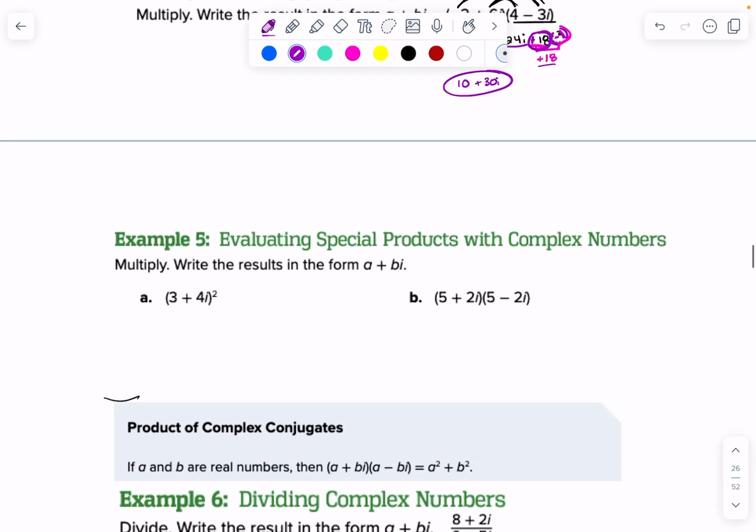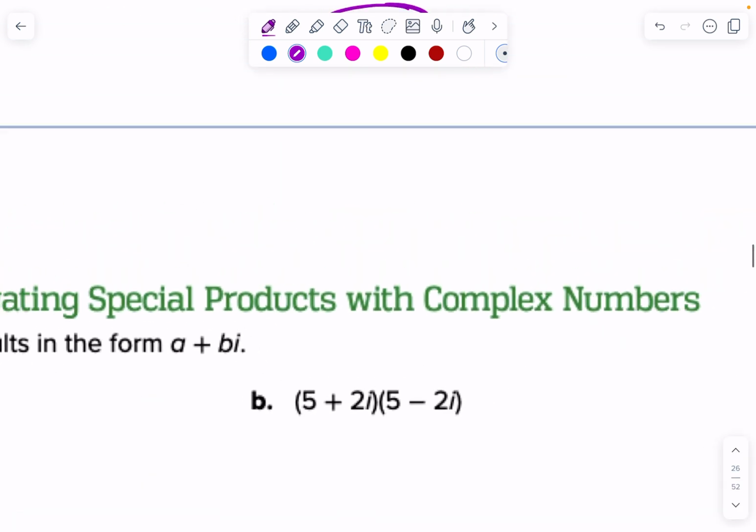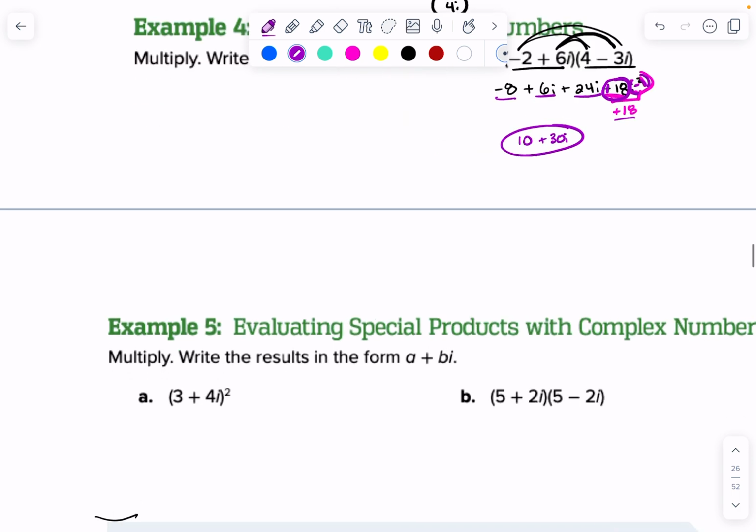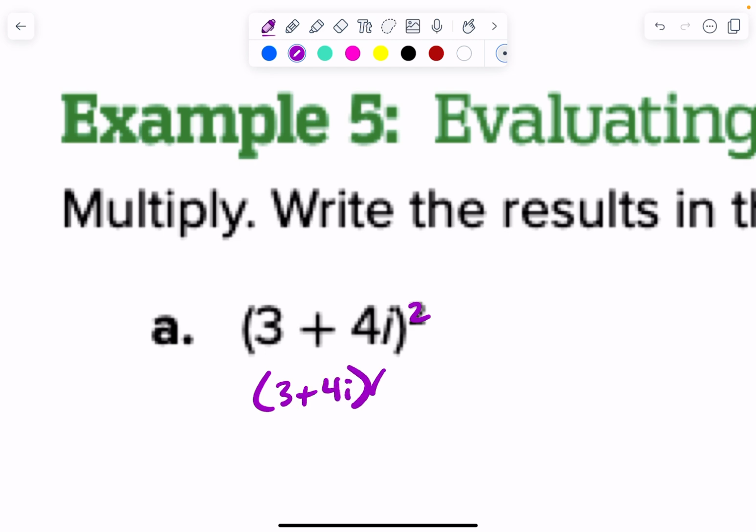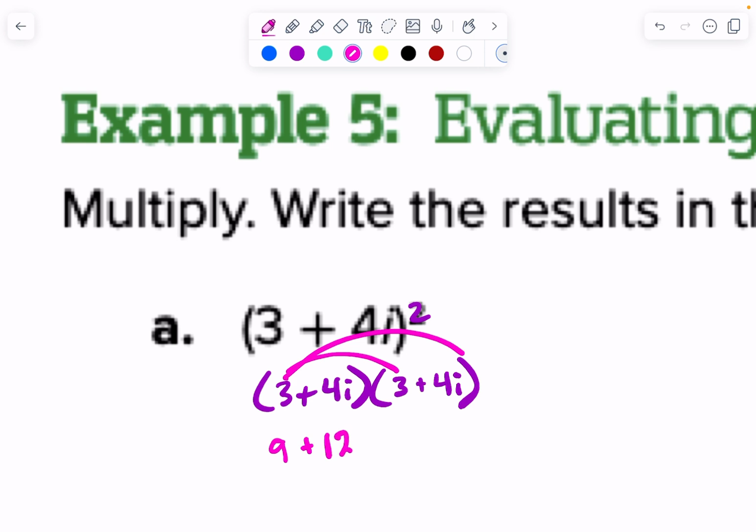So a couple more. Let's do this one first. When you're squaring something, you cannot just distribute the exponent through because there's a plus sign there. He is trapped. To square something means to take it times itself. So 3 plus 4i times 3 plus 4i. I'm just going to FOIL. 3 times 3 is 9. 3 times 4i is 12i. 4i times 3 is another 12i.